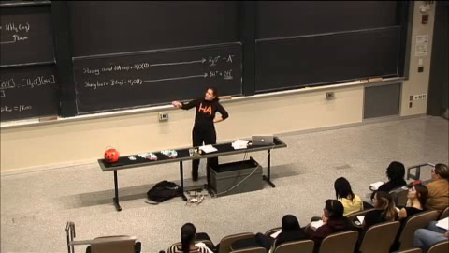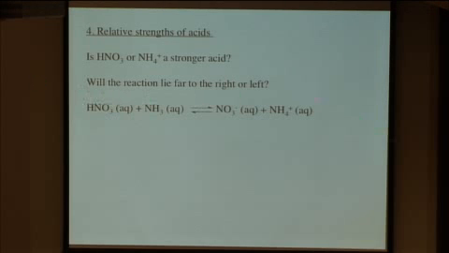So we can look at whether the reaction is favored toward the right or the left, depending on which acid is stronger. Will the reaction drive to the right or the left? If this acid is stronger, then it should drive the reaction this way. If the acid on the other side is stronger, then you would expect to drive the reaction the other way. So we can take a look at that.